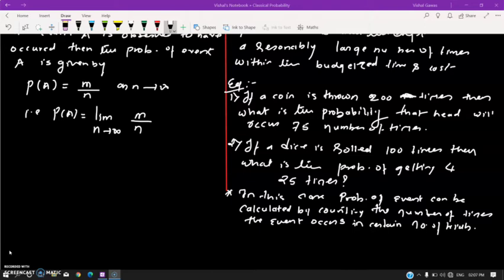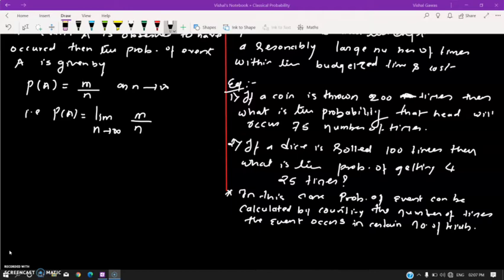That's where the empirical probability takes charge. But this type of probability also has certain limitations. For example, when we say n goes to infinity, that means we are carrying out however many outcomes we can, but it's not always possible to repeat the experiment however many times.